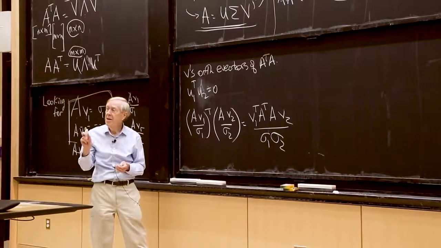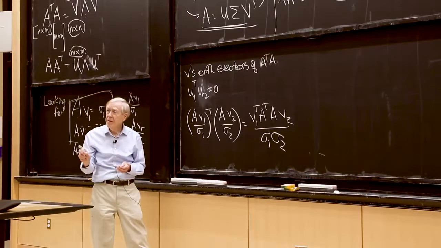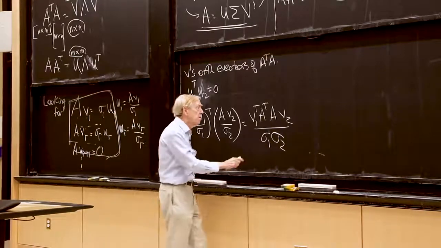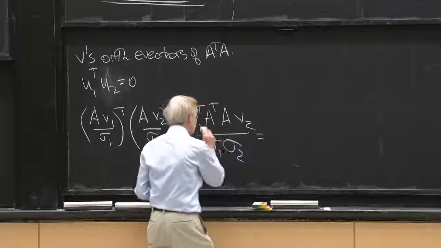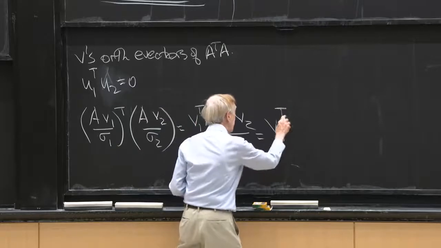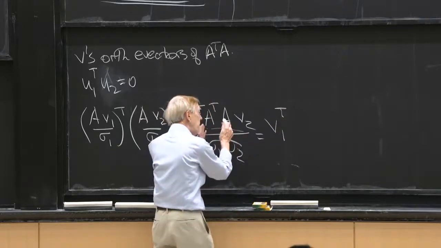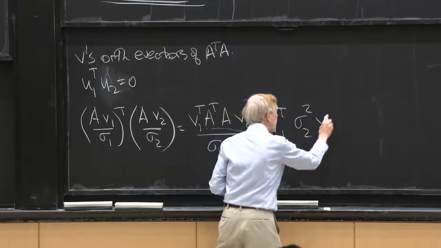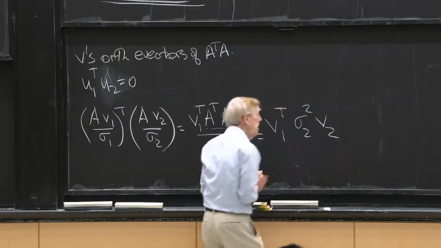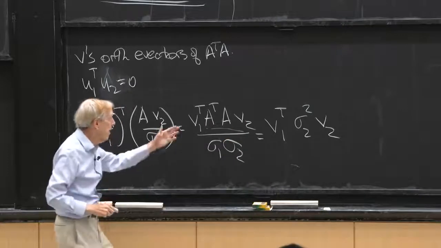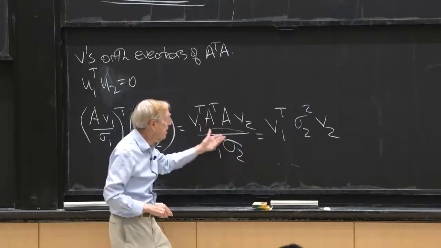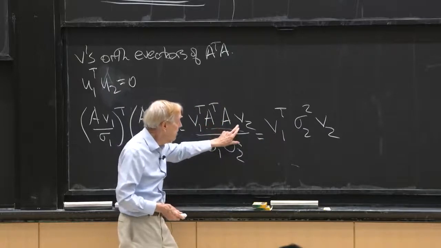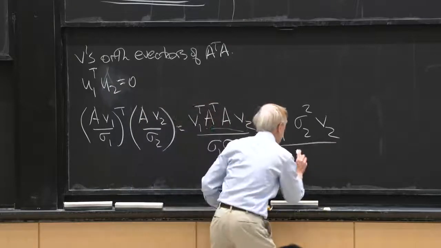V2 is an eigenvector of A transpose A. Terrific. So this is V1 transpose, and this is the matrix times V2, so that's sigma 2 squared times V2, isn't it? It's the eigenvector with eigenvalue sigma 2 squared times V2, divided by sigma 1, sigma 2.